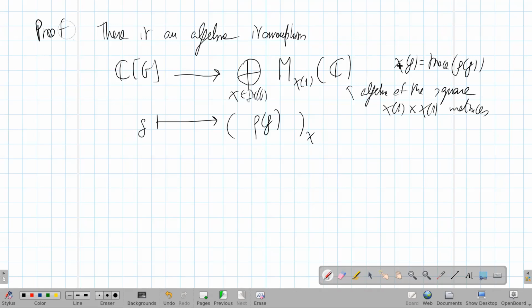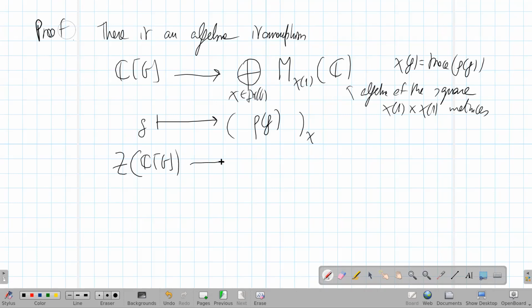Then remember what I was saying a moment ago: if we restrict to the center of the group algebra, since this is an algebra isomorphism, this goes to the center of this object. What's the center of this object? It's the direct sum of the centers of all these matrix algebras, and we know that the center of a matrix algebra is given by the scalar matrices.